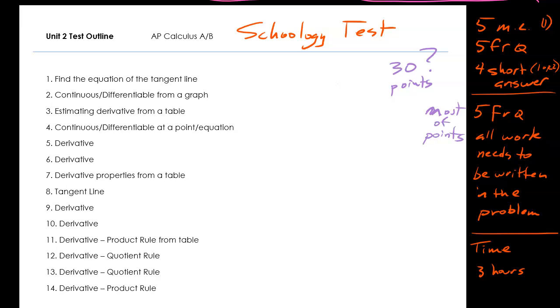Because your multiple choice are 1 point each, and your short answer are... You know what? I'm just gonna go out on a limb and say this is 21 out of the 30 points. And that's just kind of an educated guess, but I know the 5 multiple choice are 1 point each, so that would be 5 of the points. I'm pretty sure the 4 short answer are 1 point each.